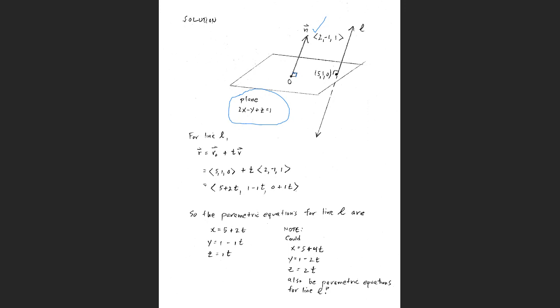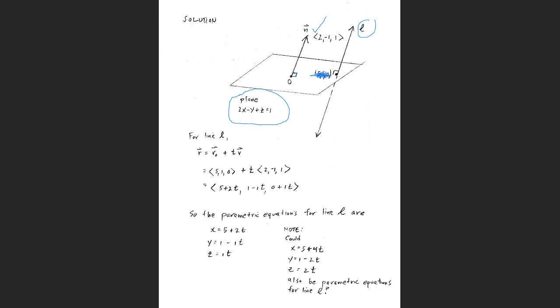It's perpendicular to the plane. And then here's this line that I'm looking for that passes through 5, 1, 0. Let me just see here now. There is an error here. 5, 1, 0 is not on the plane.